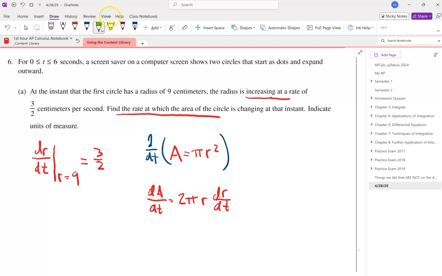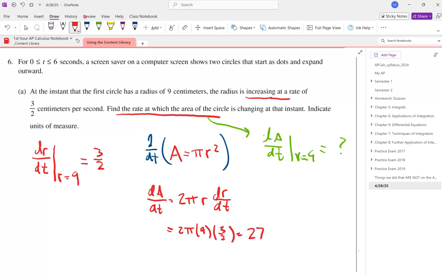So we are looking for dA/dt when the radius is 9. So all we need to do is plug stuff in now, right? So that's going to give me 27 pi.